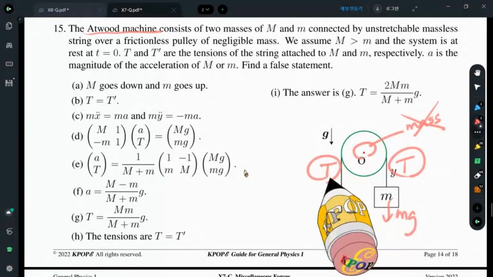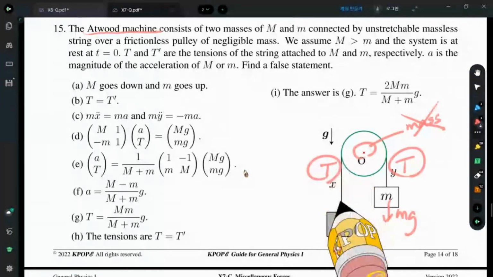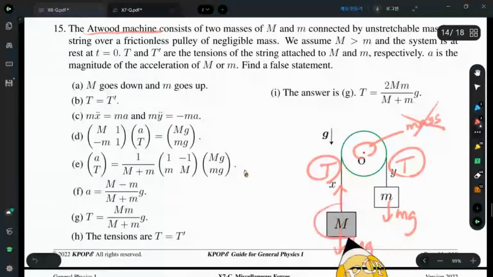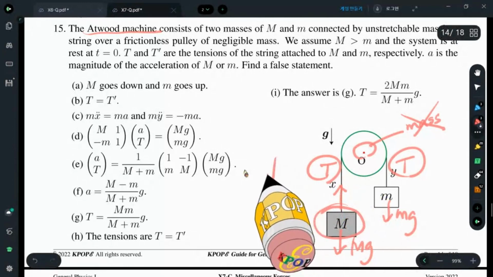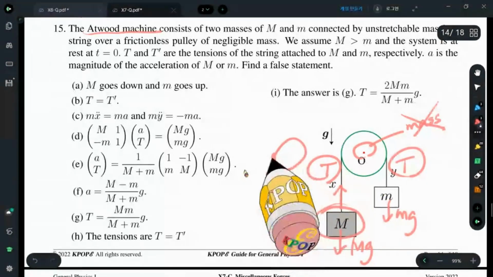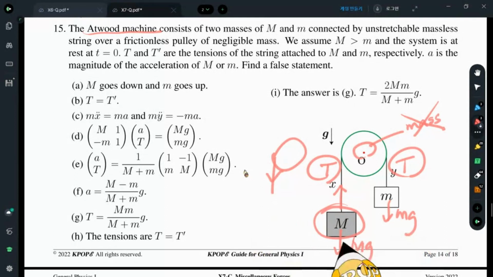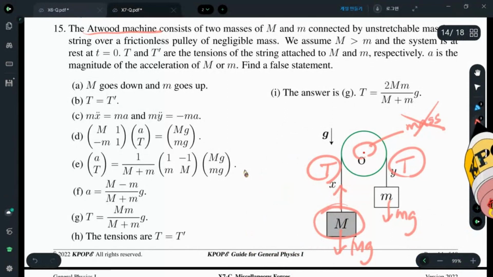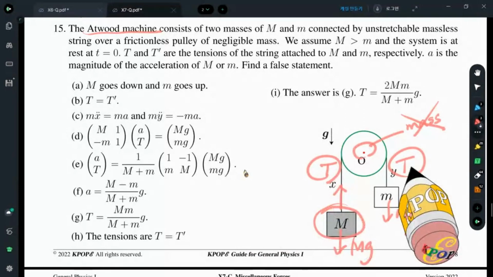As I already told you, the tension is applied in either direction. In this case, it is going up if I look at this mass. But the tension applied to the pulley is going down. So you should be careful with choosing the direction, even though the magnitude is constant.